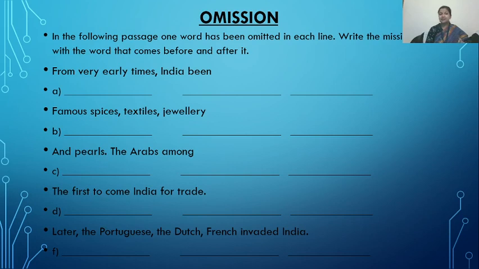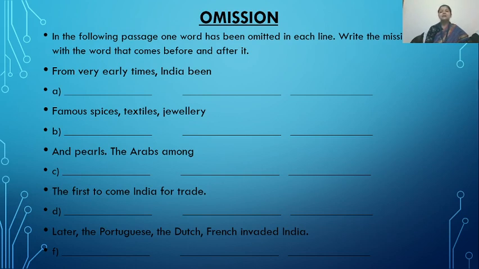Here in the sentence, we have to find out the place where a word is omitted. First of all, I read the instruction. "In the following passage, one word has been omitted in each line." Omitted means left out, not written.